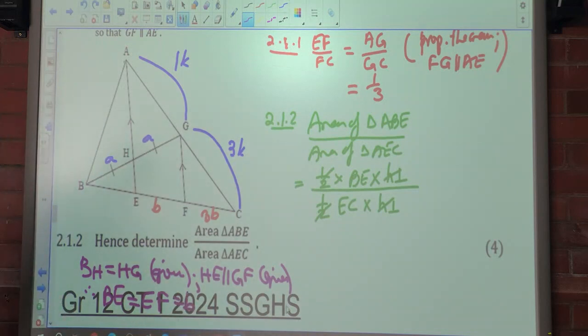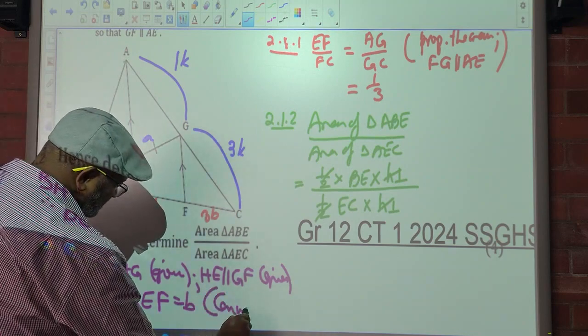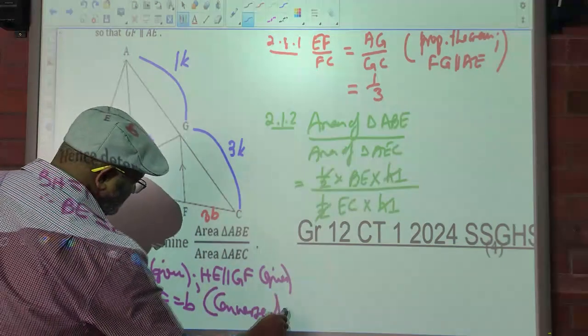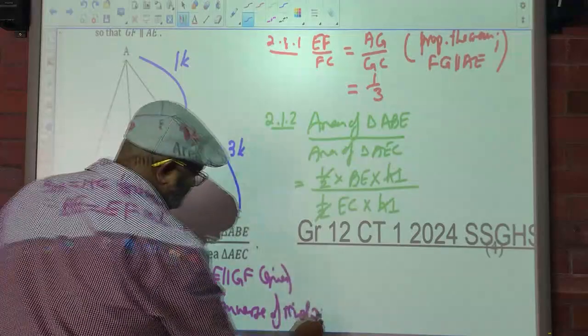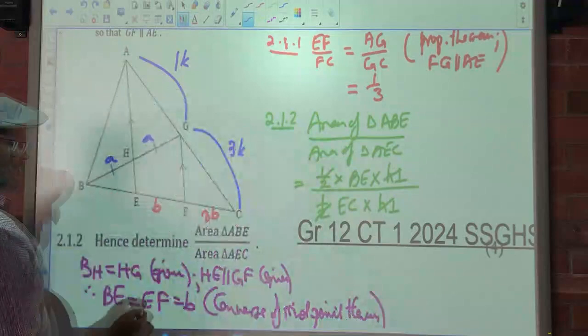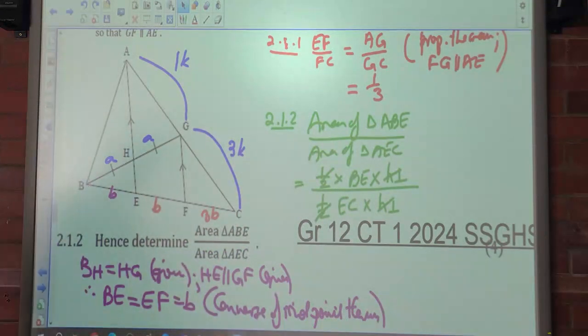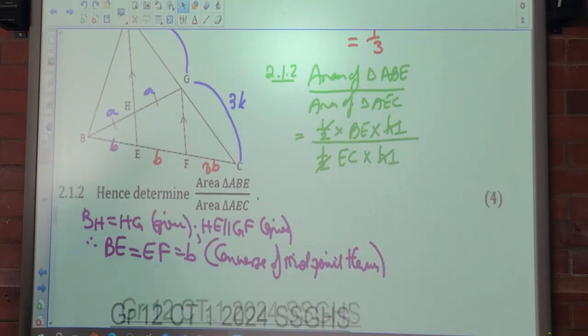It is going to be the converse of the midpoint theorem. That also gets the marking B there. Okay, so now I can answer the question.